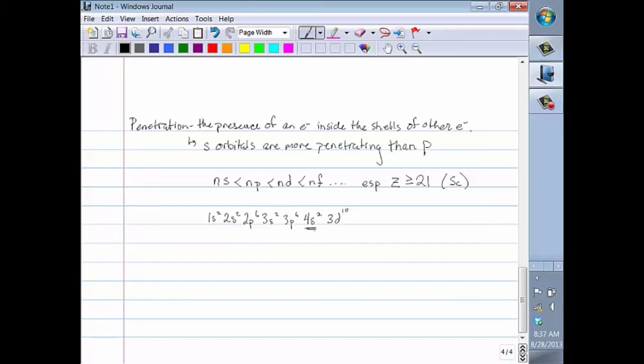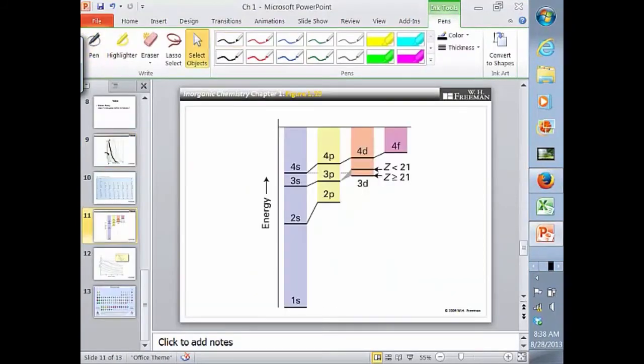This is true in the hydrogen atom, and this is true when we're dealing with our smaller atoms. So let me show you another figure from your textbook. This figure can be a little confusing at first, but what you're seeing here is the s, p, d, and f orbitals and their relative energy levels.